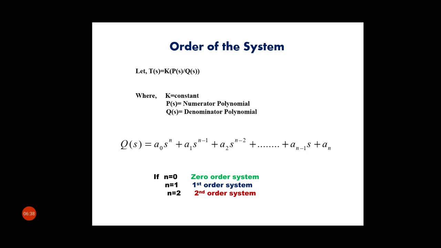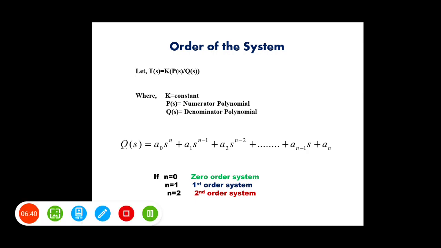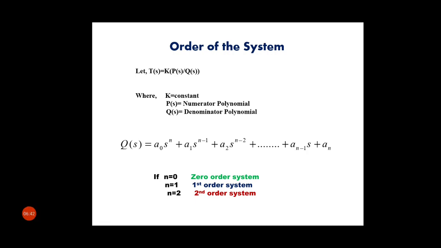When a first order system is given, the highest power of s in the denominator is equal to 1. Similarly, when you observe in the transfer function that the maximum power of s in the denominator is 2, that is related to a second order system.